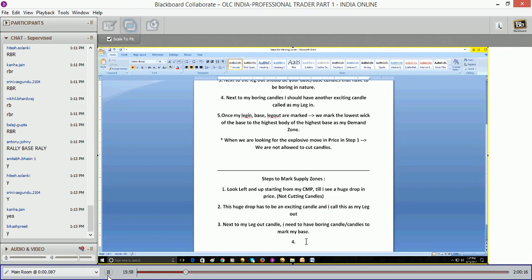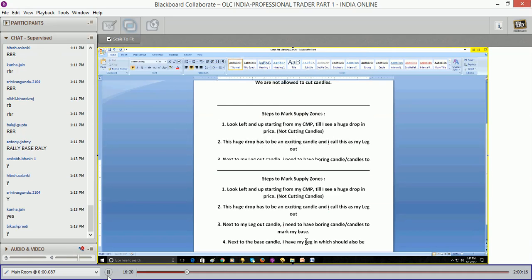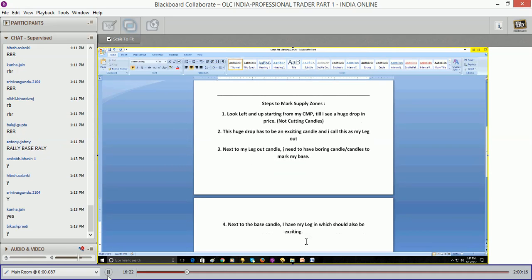And next to the base candle, I have my leg in, which should also be exciting. Once all these steps are done, I go ahead and mark my zone.